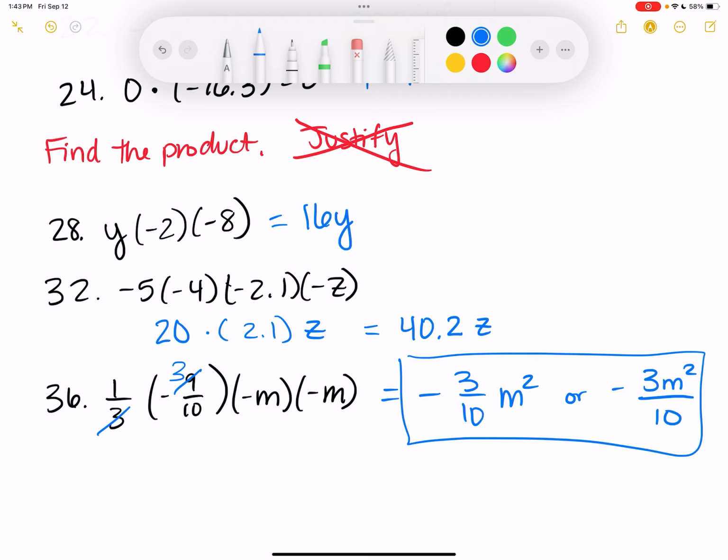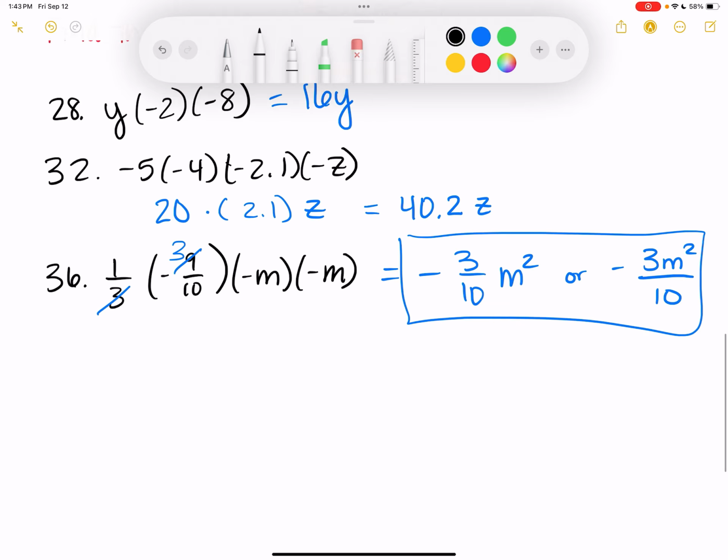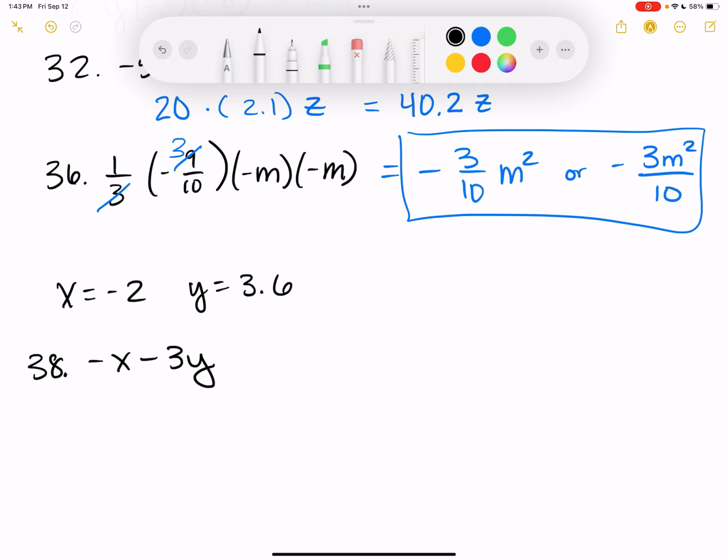Evaluate when x equals negative 2, y equals 3.6. So 38, we've got negative x minus 3y. So I'm plugging in the numbers. So I've got a negative and a negative. So what's going to happen? Positive. So 2 minus 3 times 3.6. What do I need to do first? The multiplication.